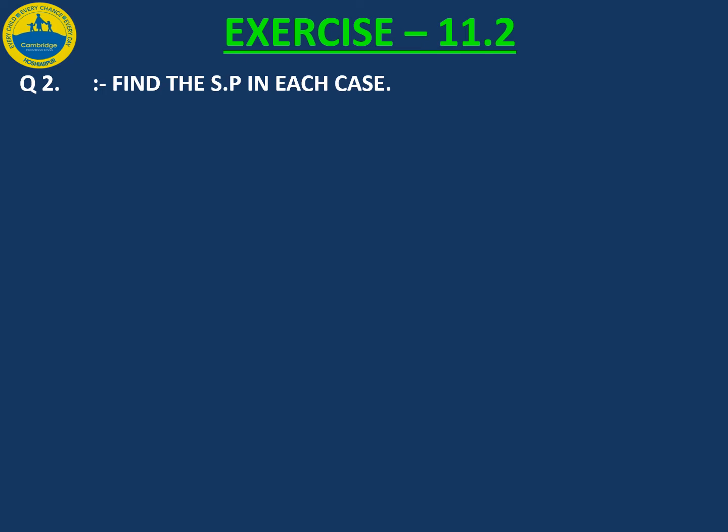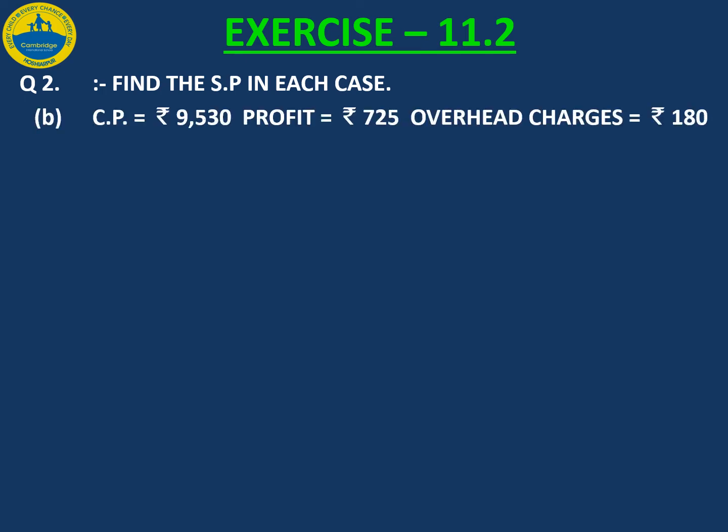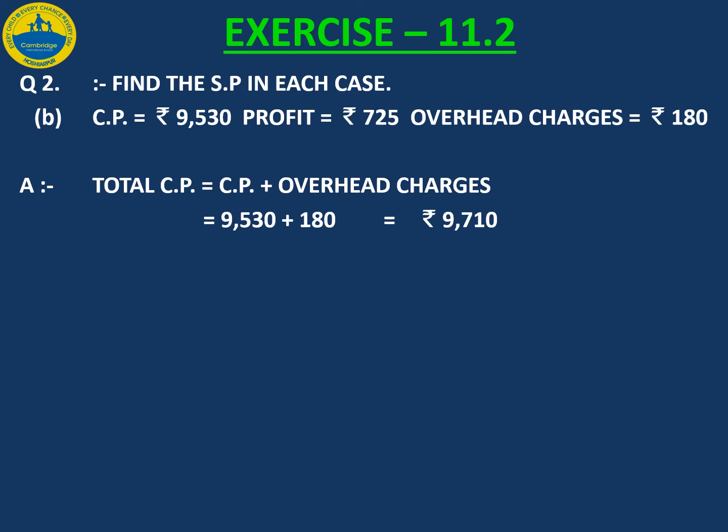Question number 2, B part. Cost price is equal to rupees 9,530. Profit is equal to rupees 725, and overhead charges is equal to rupees 180. So total cost price will be cost price plus overhead charges, 9,530 plus 180.